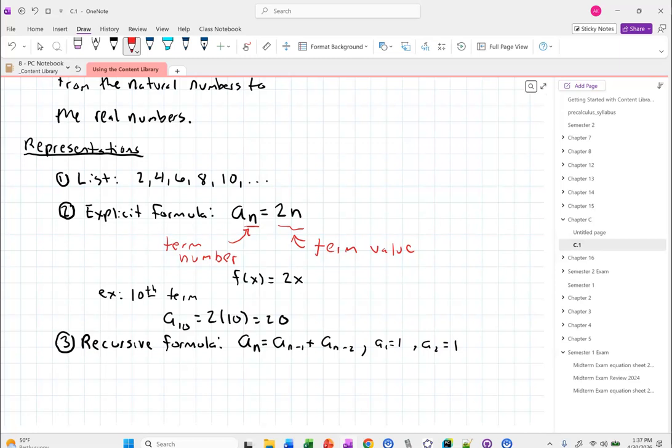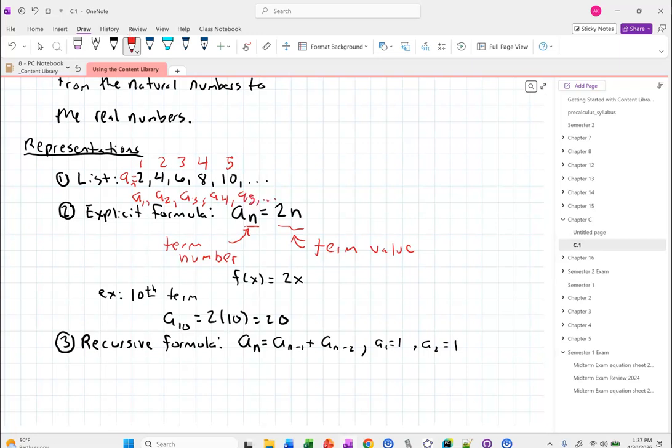So for example, we would name the terms in this sequence. This is the first term, the second term, third term, fourth term, and fifth term. If we called this sequence a sub n, 2 would be equal to a1, 4 would be equal to a2, 6 equal to a3, and so on and so forth.